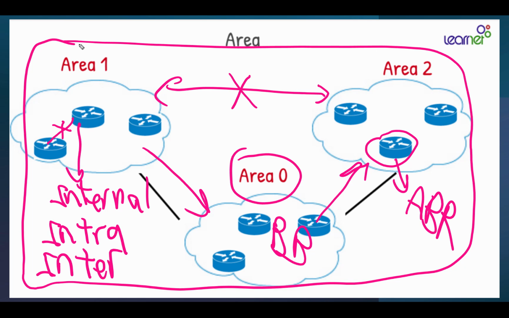In these circumstances, one thing we can do is put one router at the edge of our AS to do all of those things we talked about for the ABR, but this time for the whole AS, advertising the whole AS to the other AS and receiving the information from the other AS. This router is called an ASBR, Autonomous System Border Router, and it allows you to communicate with a different AS through OSPF.